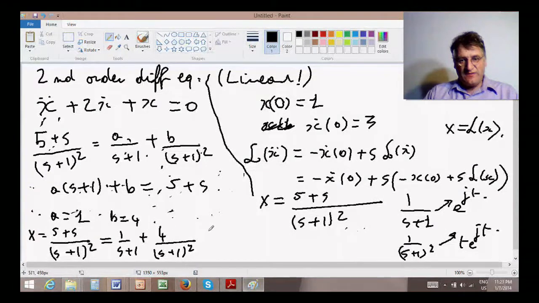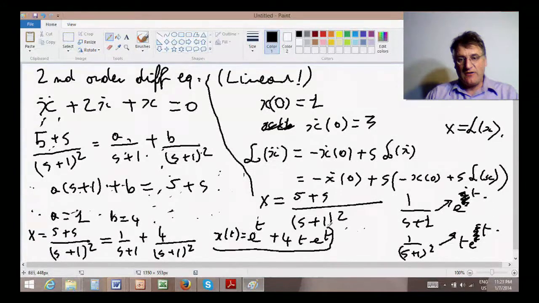If this is the Laplace transform of x, then x of t will be simply e to the t, not e to the j times t. That's a mistake here, and that's there. So let me rewrite this as e to the t plus 4t times e to the t. And that is our answer.